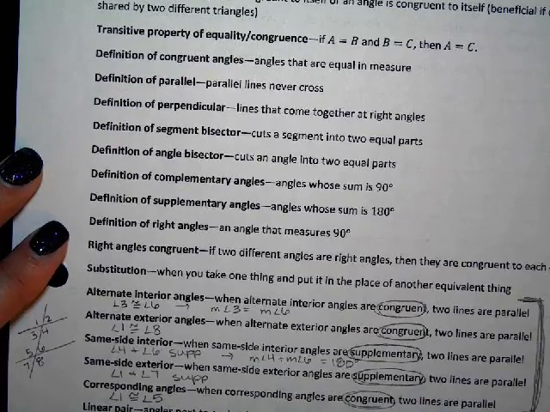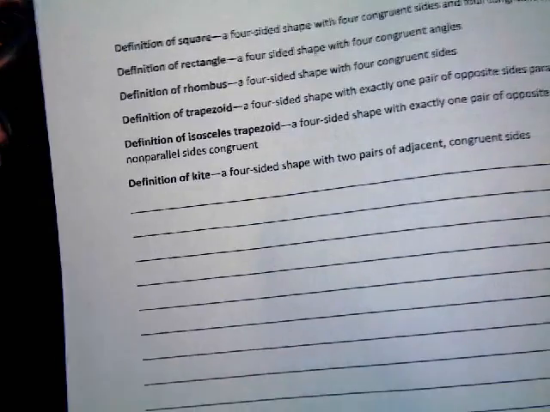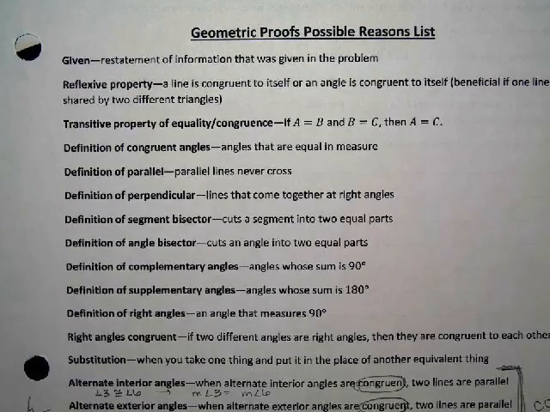Yesterday we did use definition of a right triangle. It was a triangle that had a 90-degree angle in it. We could add that to the list. Would that be good? So I'm going to add it right in here.